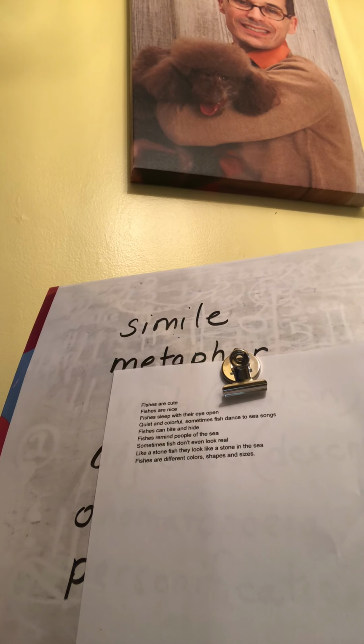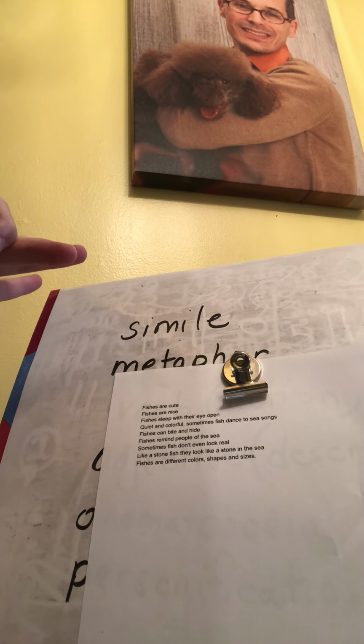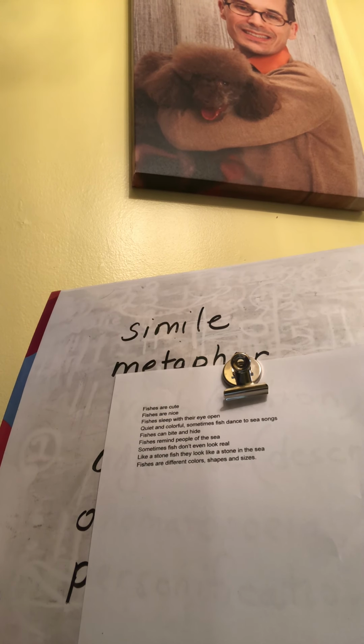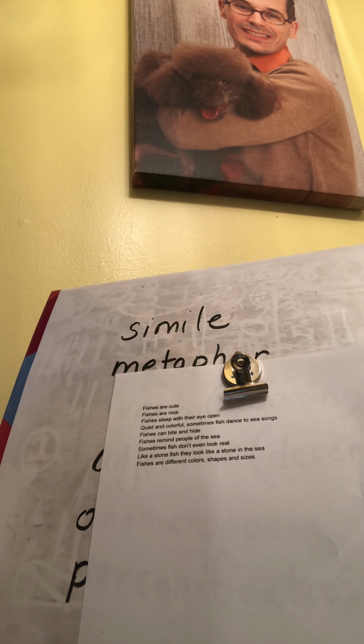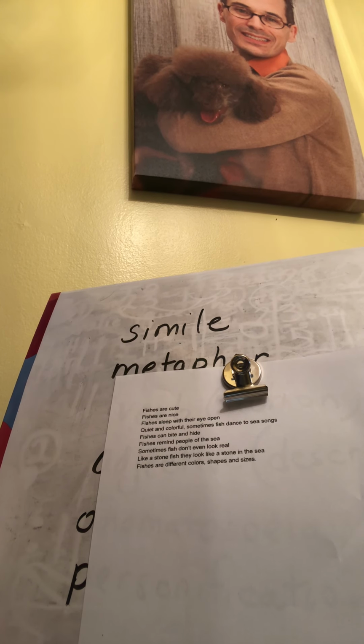It says, fishes are cute, fishes are nice, fishes sleep with their eye open, quiet and colorful. Sometimes fish dance to sea songs. Fishes can bite and hide. Fishes remind people of the sea. Sometimes fish don't even look real. Like a stone, fish, they look like a stone in the sea. Fishes are different colors, shapes, and sizes.